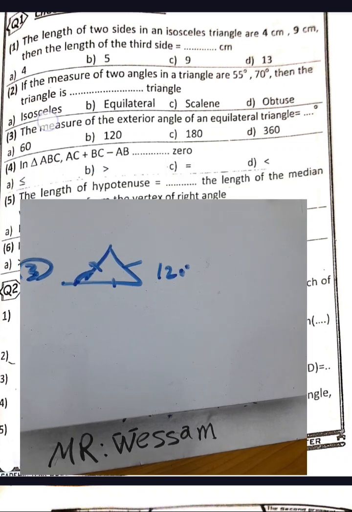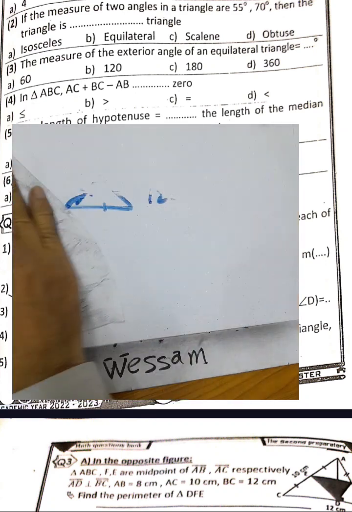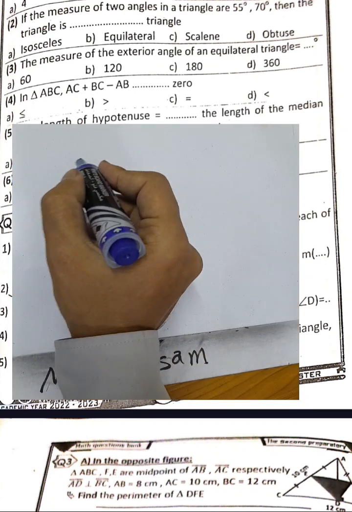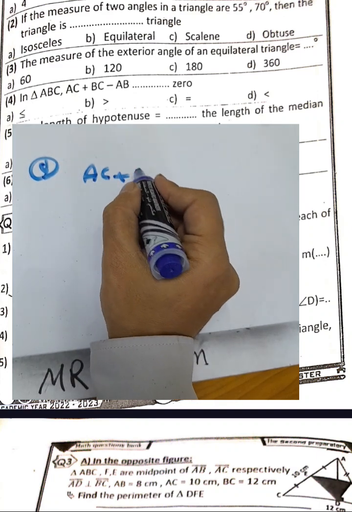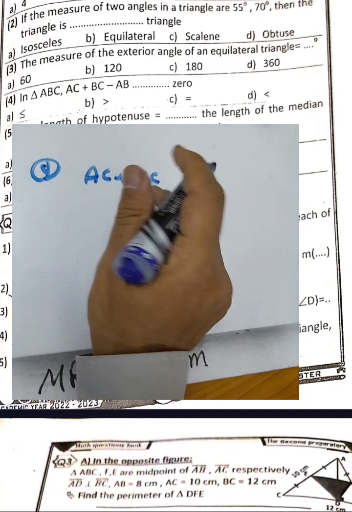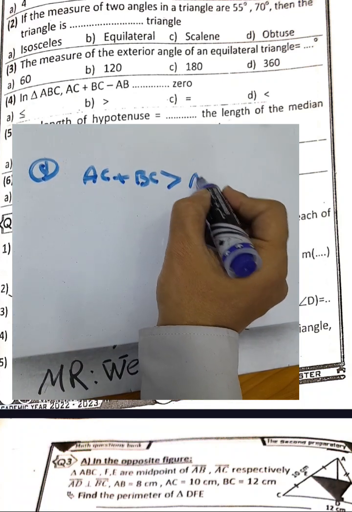Question number 4. In any triangle, write with me again. In this triangle, if EC plus BC, we know the sum of any two sides in a triangle is greater than the third, greater than AB.